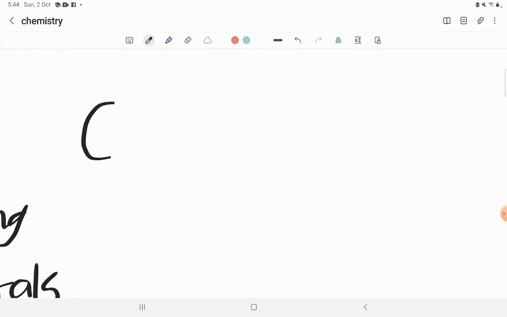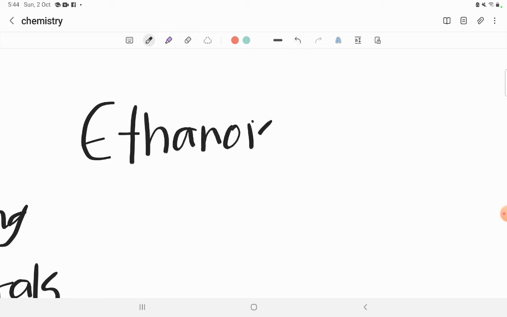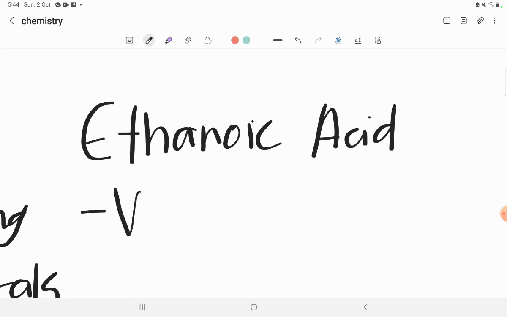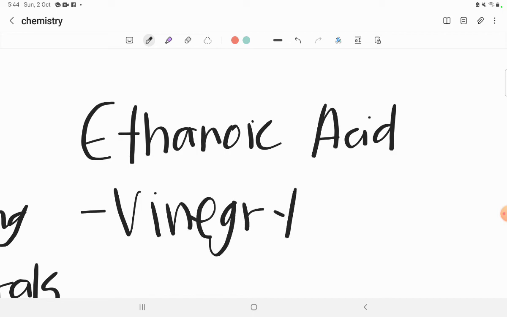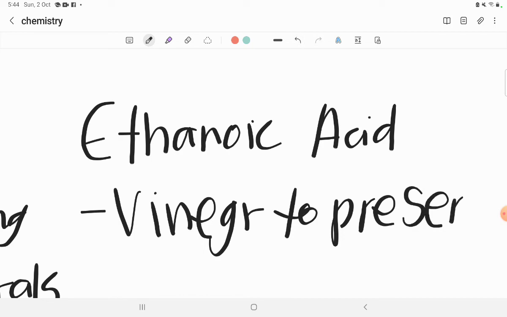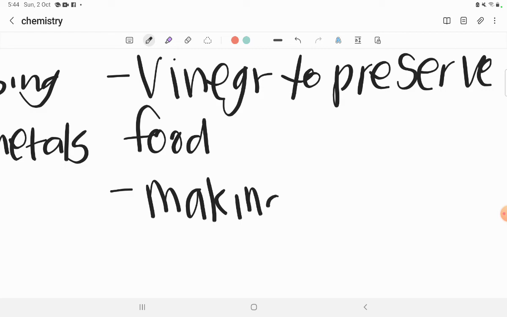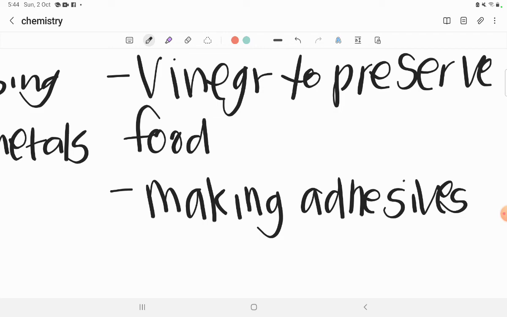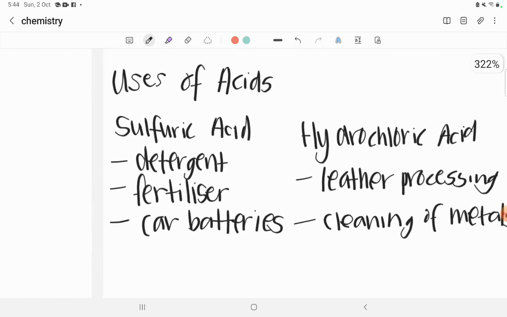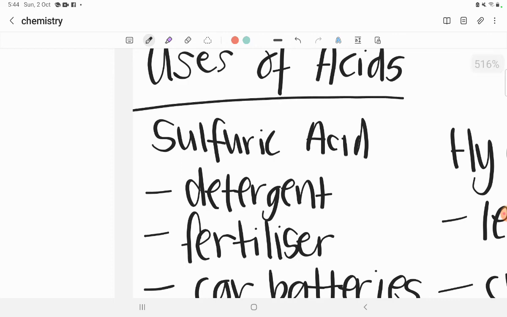And for ethanoic acid, it is used in vinegar to preserve food like pickles, as well as making adhesives. Okay, those are the uses of acids. Not sure if they will be tested, but additional info, I guess.